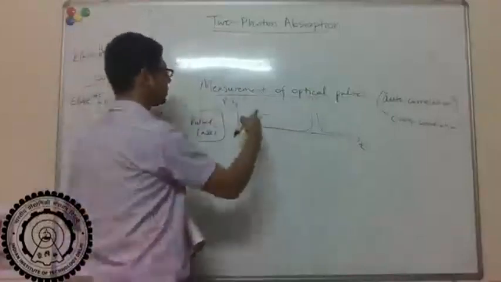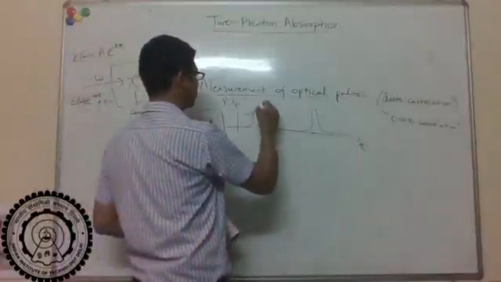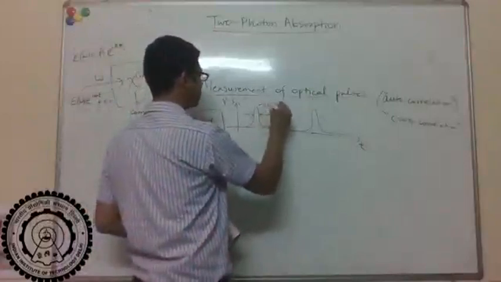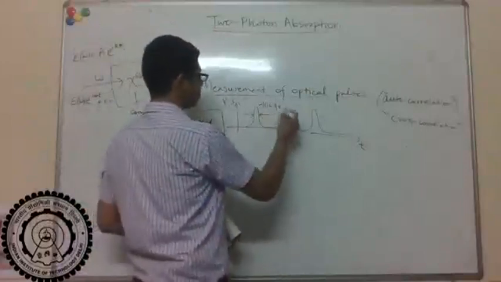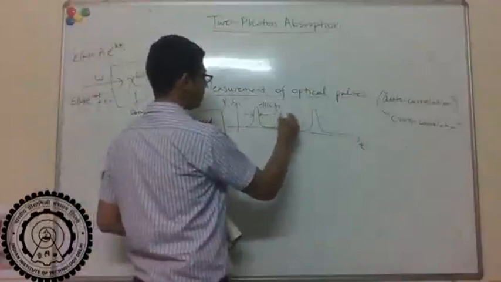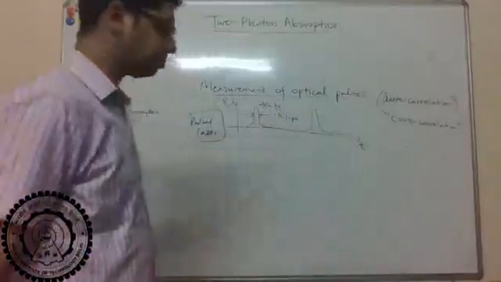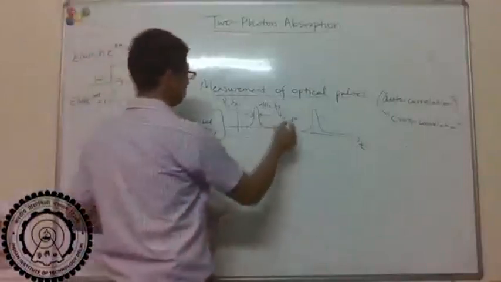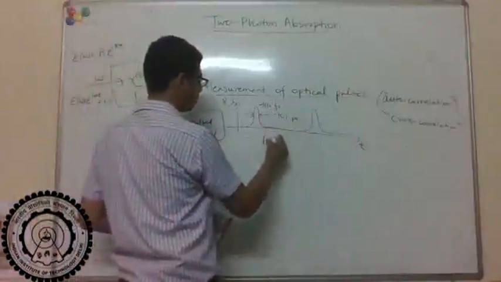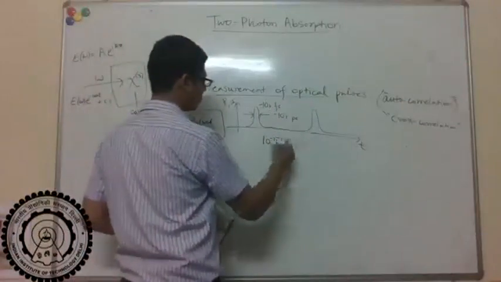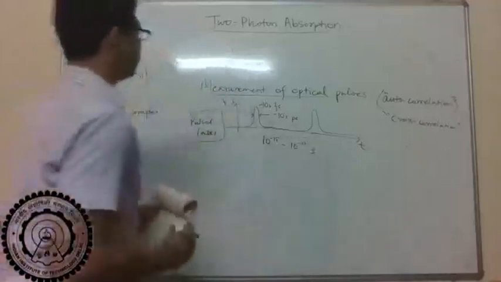For ultrashort lasers, the range is about tens of femtoseconds for the shortest lasers to, let's say, tens of picoseconds for other lasers. So the time range you're looking at is like 10 to the minus 15 to 10 to the minus 12 seconds.